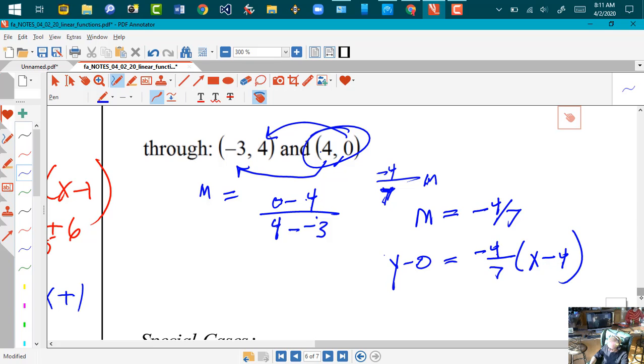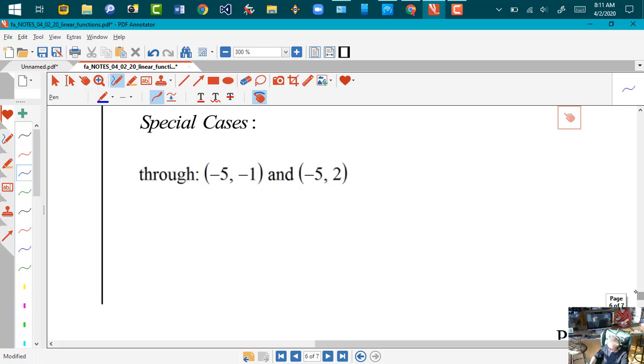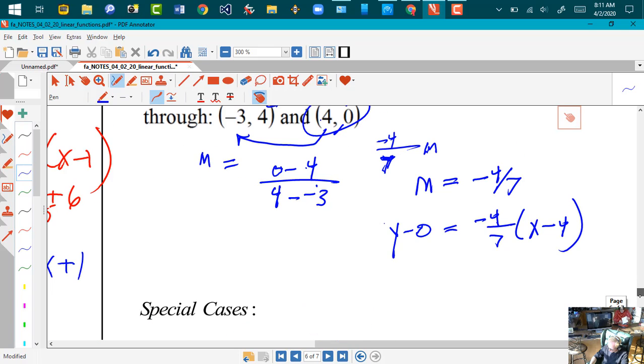All right, then I'm going to put that in slope-intercept form. Fortunately the 0 disappears, and I just have to distribute the negative 4/7. Negative 4/7 times negative 4 is going to give me 16 over 7.